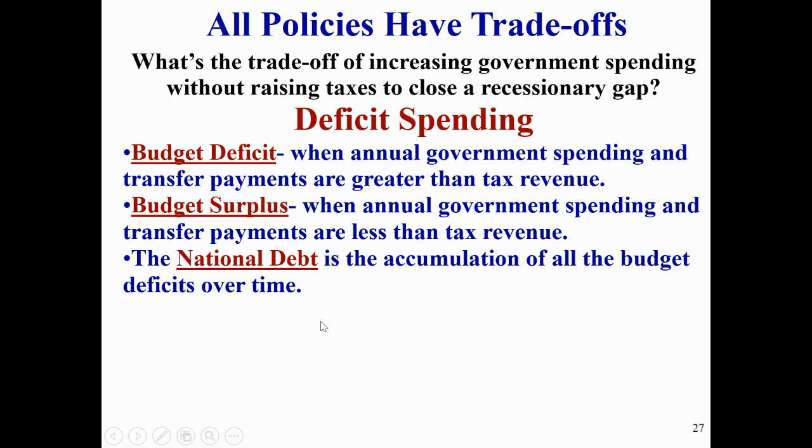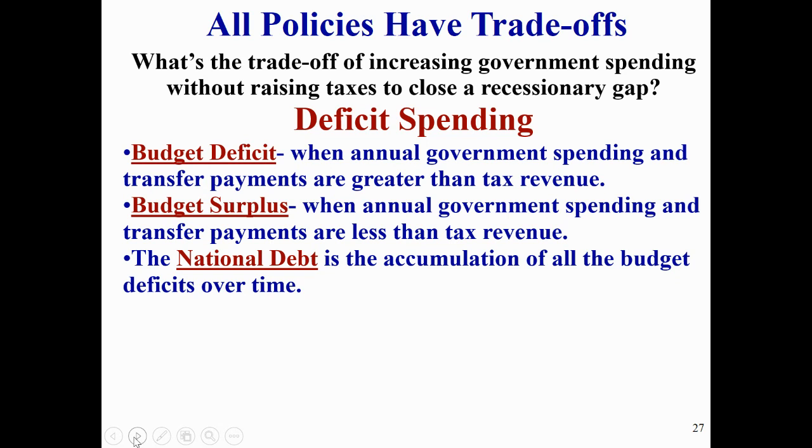Then over time, the national debt is the debt that we're accruing. When Obama took office, we were at roughly 8 or 9 trillion in debt. When he left office, we were at about $19 trillion in debt. But we had the war on terror. We were essentially in two different wars during that time, and we also had the housing market crash.